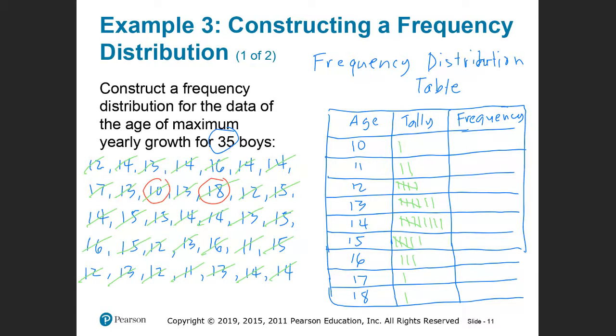Okay, and on the last column, we're going to count our tally and put the numbers there in numerical form.